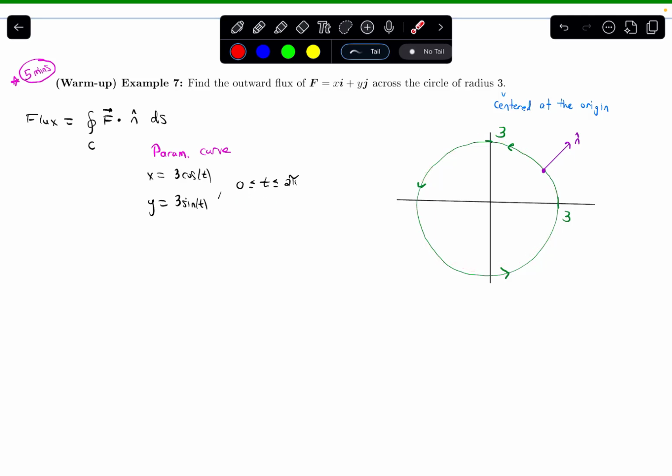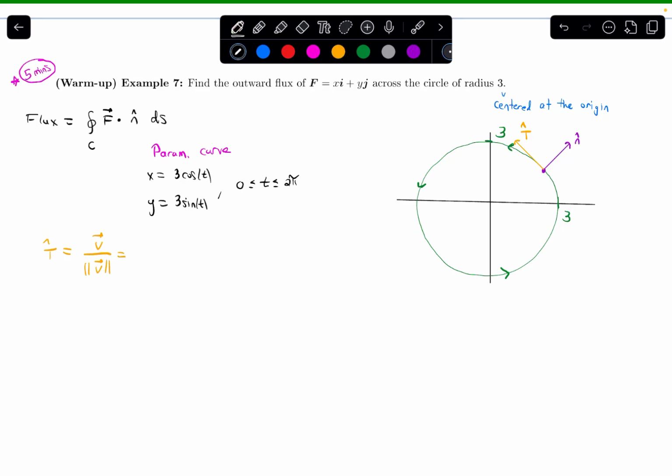Next up, I need to find this normal vector. Remember that to find the normal vector, we start off by drawing the tangent vector. In the direction of the curve, the unit tangent vector, T hat, would point this way. The formula for T hat is you take the velocity vector and divide it by the length of the velocity vector.